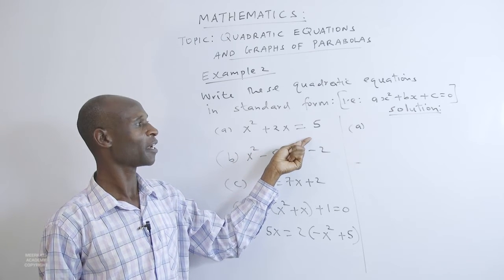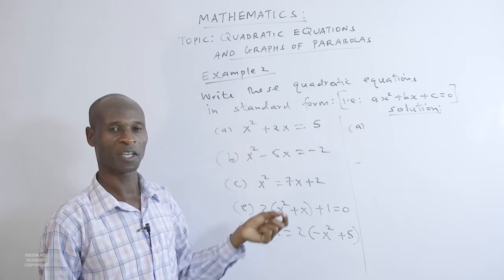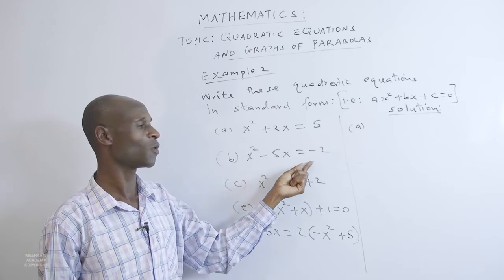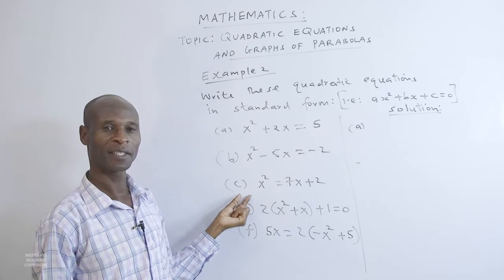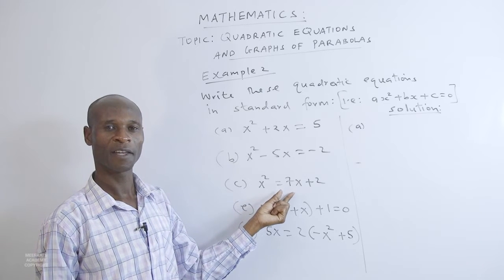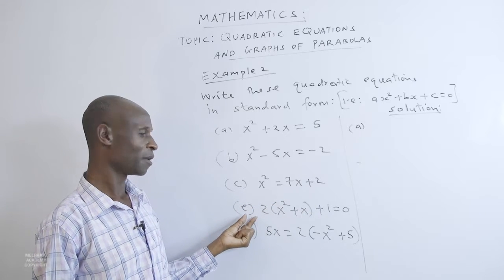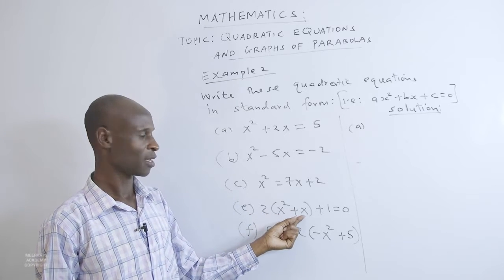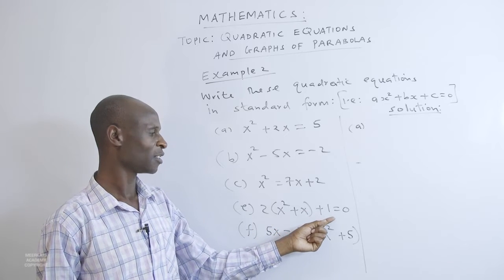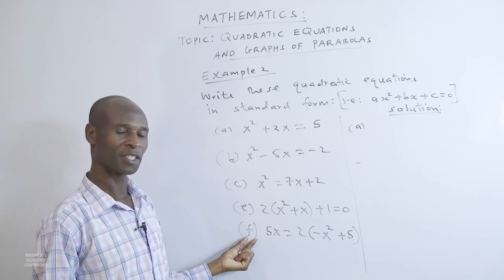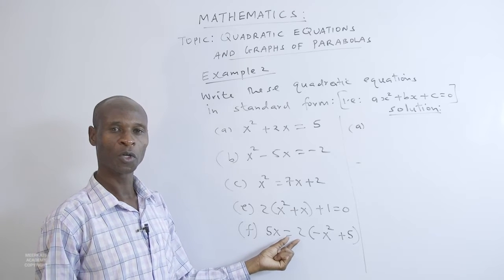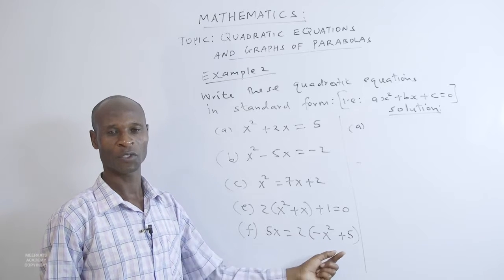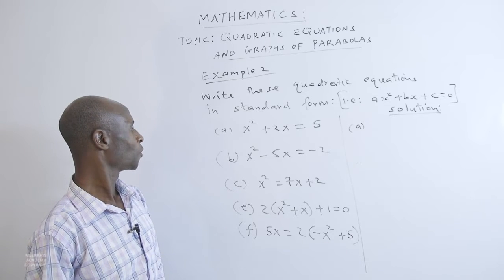Part B is x squared minus 5x is equal to negative 2. Part C is x squared is equal to 7x plus 2. Part E is 2 into brackets x squared plus x, close the brackets, plus 1 is equal to 0. Then part F is 5x is equal to 2, open brackets, minus x squared plus 5, close the bracket. So try part A.